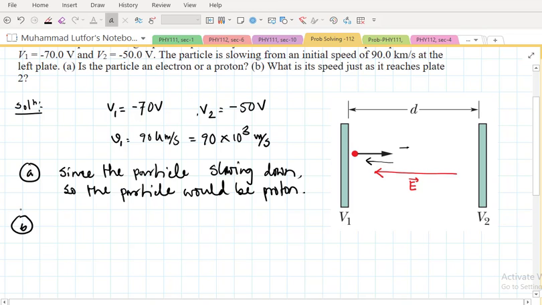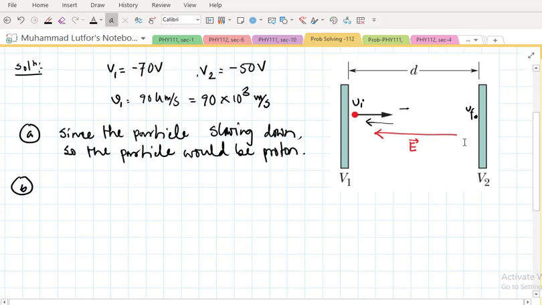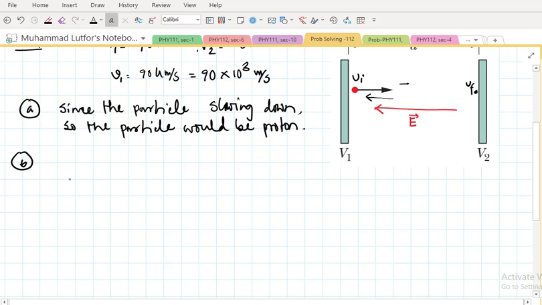Now in the second question they ask what is the speed of the particle just as it reaches plate 2. Since it's slowing down from the initial speed Vi, what would be the speed of the particle when it just reaches plate 2?